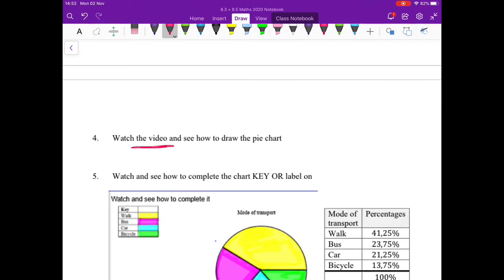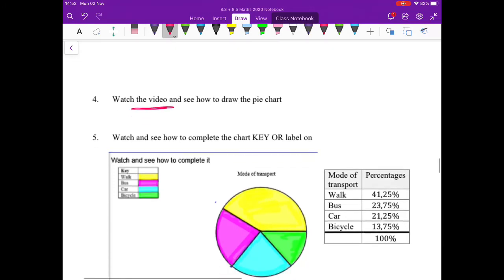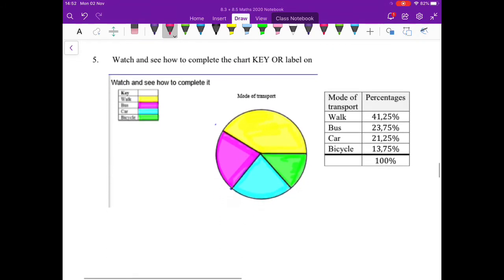What I need you to do, I have set up a video to draw a pie chart using a protractor. So once you've drawn your pie chart, doing the protractor, the next thing you need to do is how to complete it.